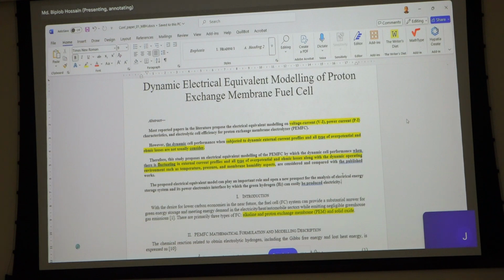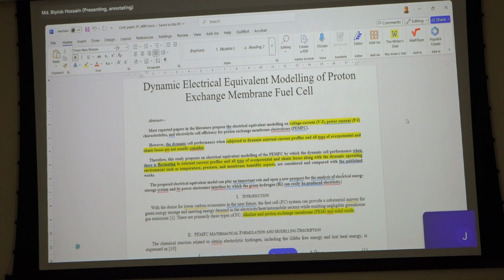Yes. Thank you. So, if you've gone through some literature review on this topic, especially dynamic electrical equivalent modeling of proton exchange membrane fuel cell, this is the most demanded fuel cell. As you know, there are several types of fuel cell like alkaline fuel cell, proton exchange membrane fuel cell, and solid oxide fuel cell.